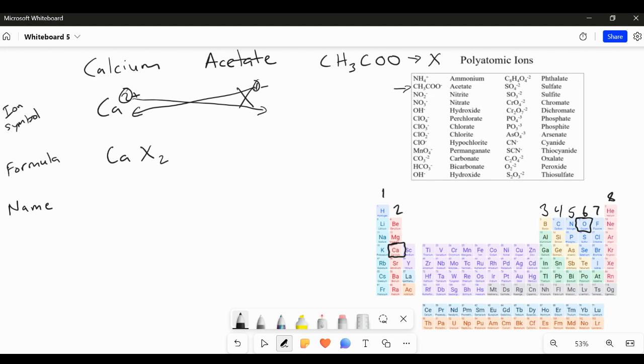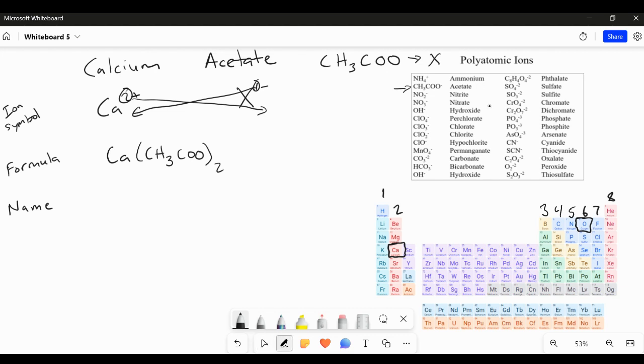Now, what I'm going to do is I'm going to now switch this back. So I'm going to erase my X right here. I'm going to move my 2 out a little bit also. And in parentheses, I'm just going to write the formula that I swapped out. CH3COO. Okay? This is the correct formula.